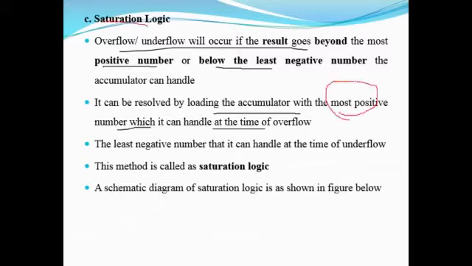That is nothing but a saturation logic circuit used in this process. At the time of underflow, it loads the least negative number it can handle. So either a most positive value or a least negative value is loaded into the accumulator, and this method of loading these numbers into the accumulator is considered saturation logic.